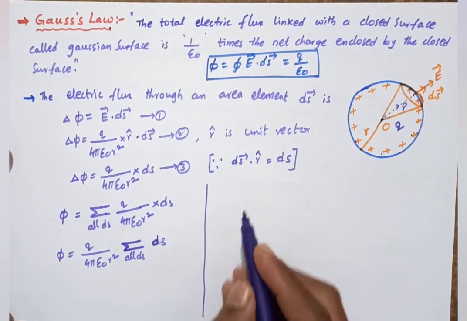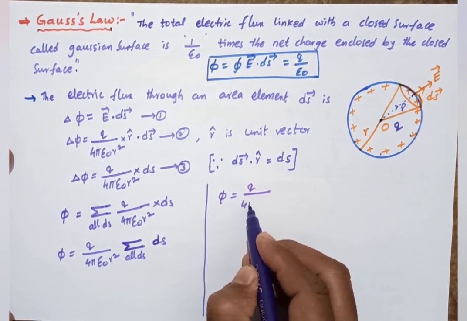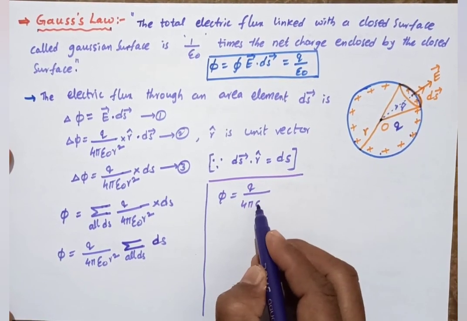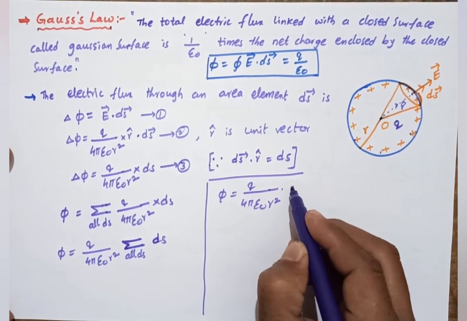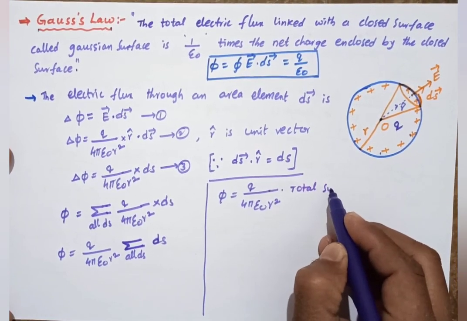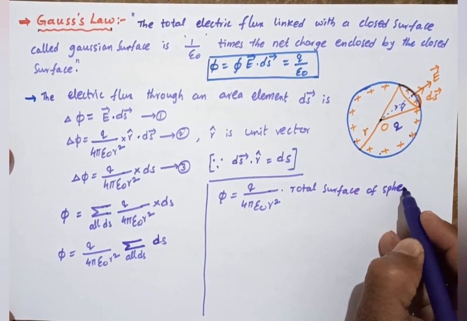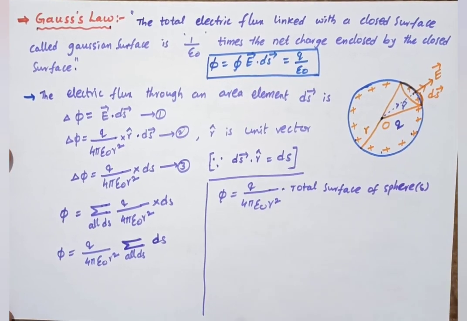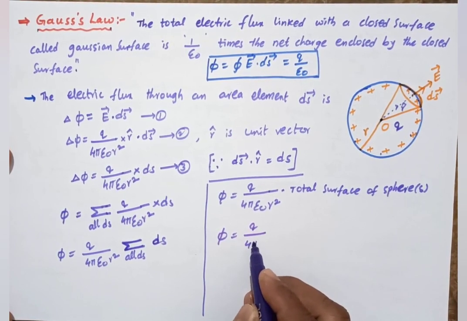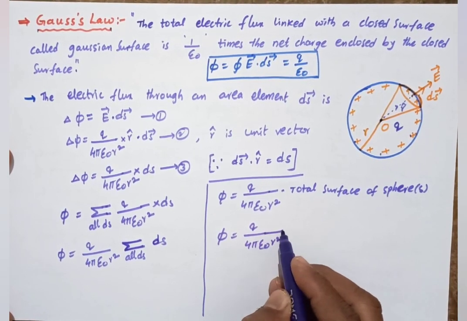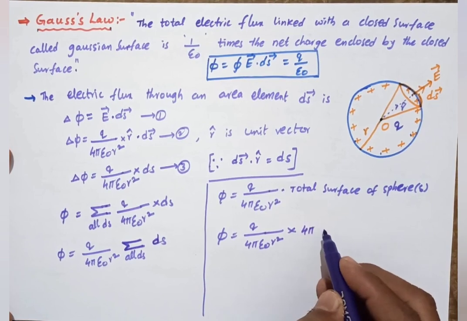So then phi equals q by 4 pi epsilon naught r square into the total surface of the sphere, that is S. Okay, so phi equals q by 4 pi epsilon naught r square into the total surface of the sphere, which equals, what is the formula? 4 pi r square.